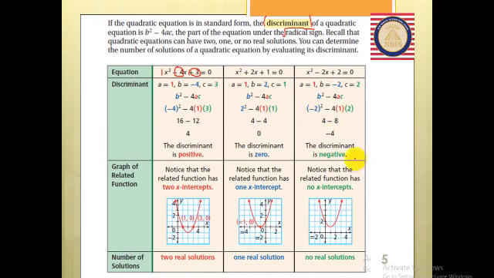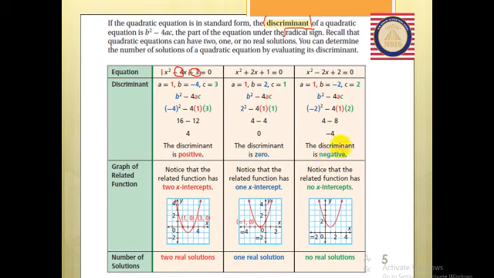Again, what is the discriminant? It's the expression under the radical sign or the square root, which is b power 2 minus 4ac. If I evaluate this part and find it positive, I have two real solutions. If it's 0, I have one real solution.